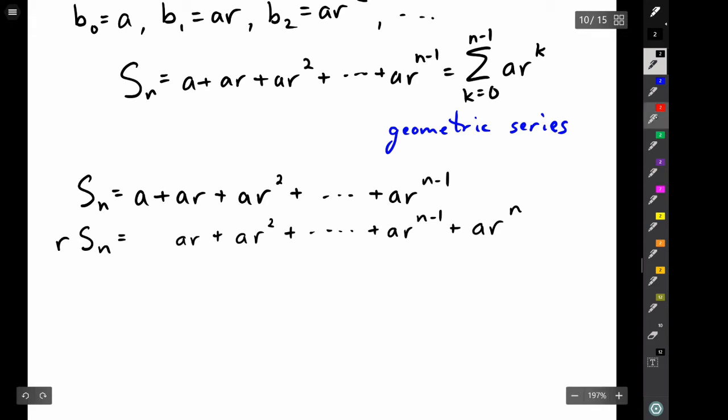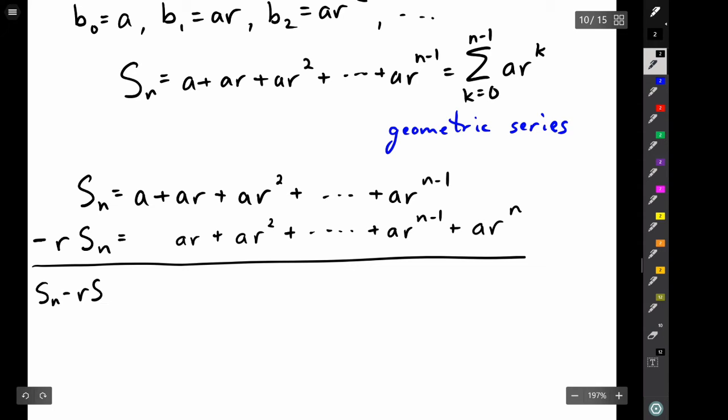Now I'm going to subtract these two equations. On the left side, I have Sn minus r Sn. Let's look at what happens on the right side.